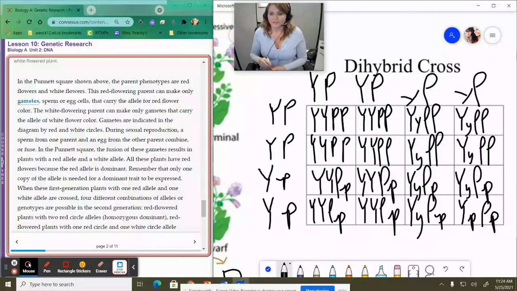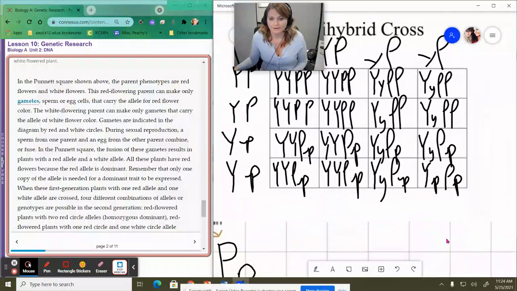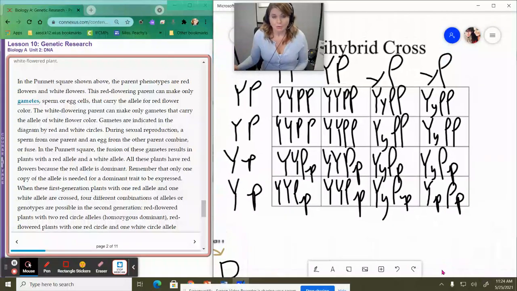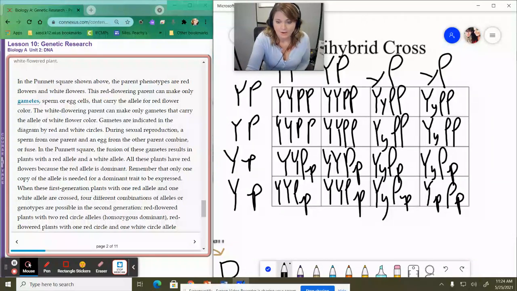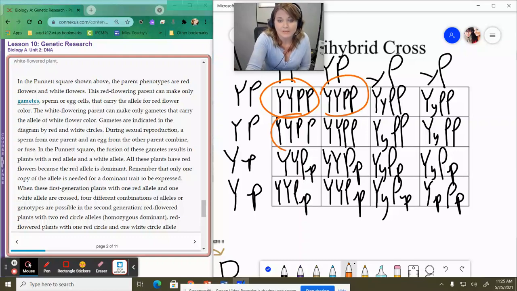All right. So once you have all that information, which is a lot, you can now figure out your genotypes and phenotypes as well here, right? So for example, we can look at this guy. This guy is going to be yellow pods with purple flowers, homozygous dominant for both, right? And that's the same thing for this one, and for this one, and for this one.